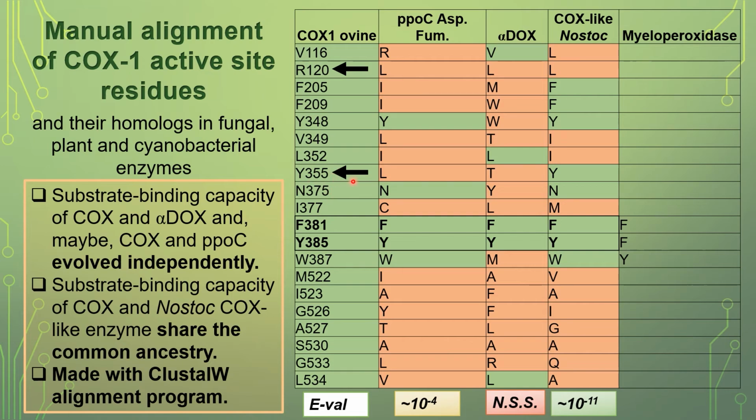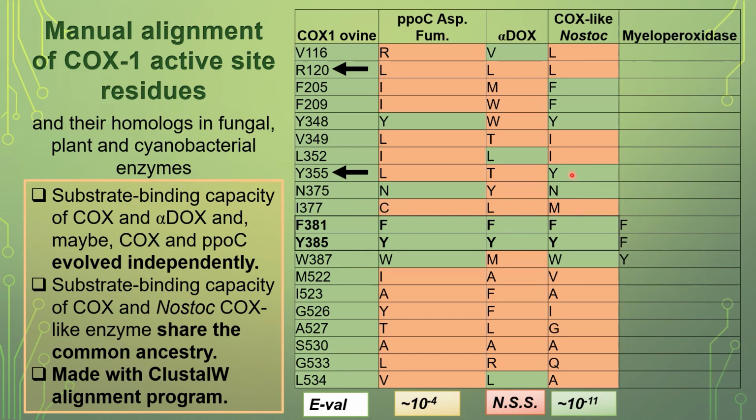Here you can see residues depicted by arrows. In cyclooxygenase, these residues form a salt bridge and a hydrogen bond with the carboxylate head of the fatty acid.